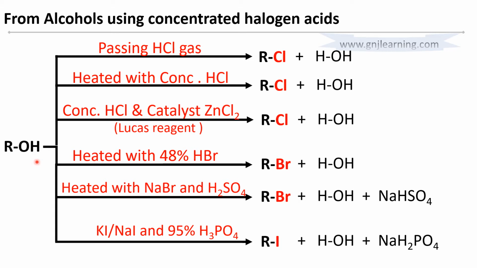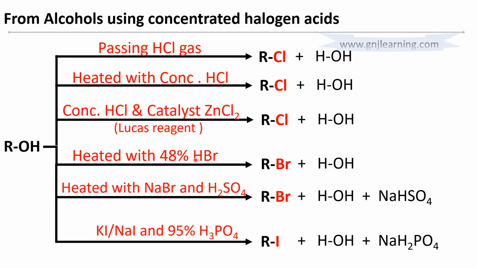Okay, so once again recollecting, I can change alcohol into the corresponding haloalkanes. How? If I want chlorine as the halo group, pass HCl gas or heat it with concentrated HCl, or avoid heating by using zinc chloride as the catalyst; this combination is called Lucas reagent.